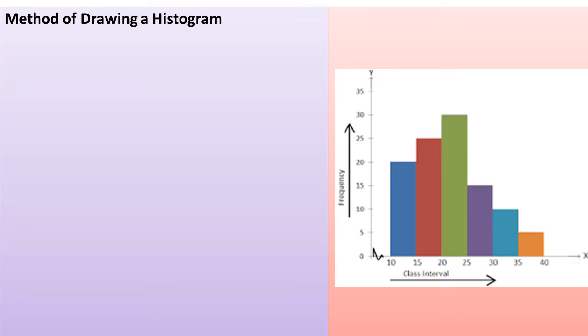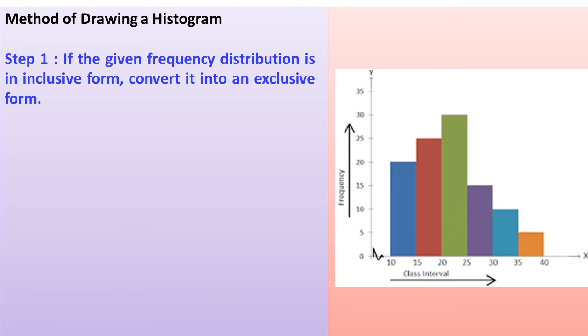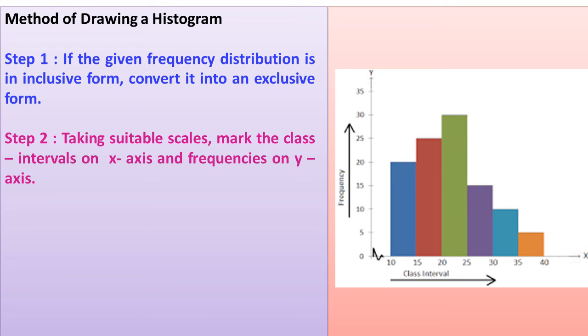Let us learn the steps to be followed while drawing a histogram. Step 1: if the frequency distribution is in inclusive form, it has to be converted into exclusive form. That is the first step. In the second step, by taking suitable scales, we have to mark the class intervals on the x-axis and the frequencies on the y-axis.